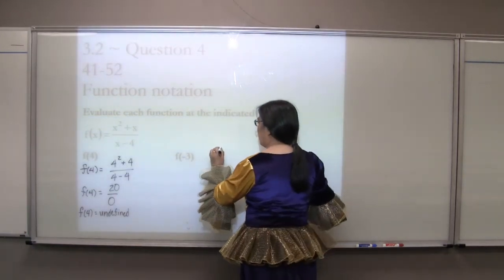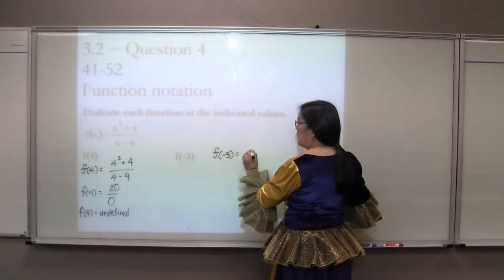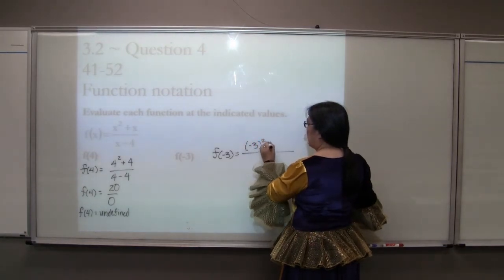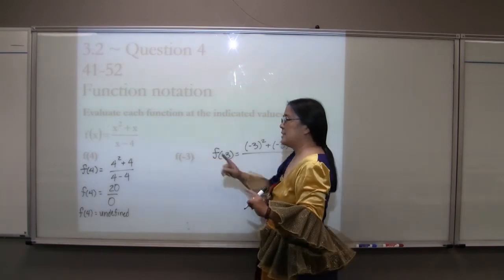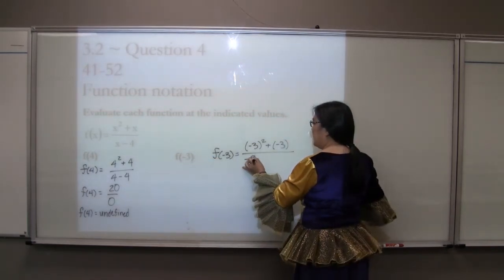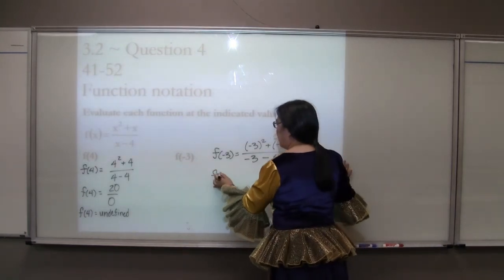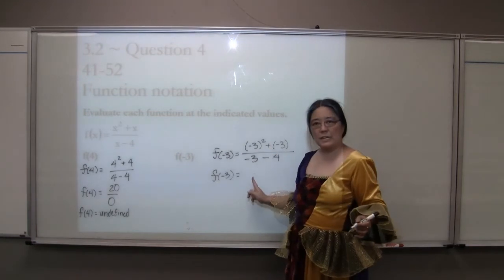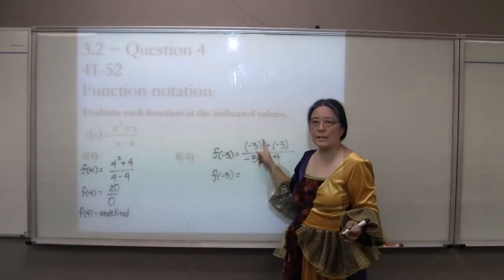Over here, the question on the left-hand side of all these, plug, work, answer. We're going to plug in -3 squared plus -3 over -3 minus 4. Notice how I'm having to use parentheses here. I didn't have to there. Here, I don't technically have to use parentheses. Plug, work, and answer. I want to see you plugging in. I don't want this to just be a -3. I don't want this to be a 9 yet.